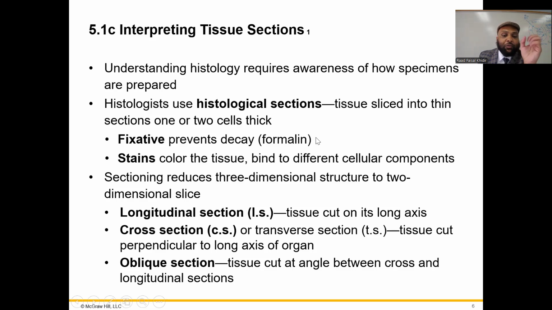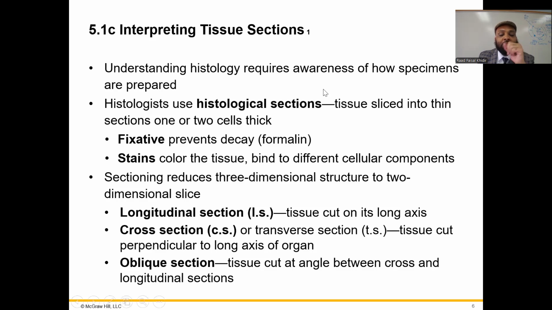So we fix with formalin and prevent the putrefaction of the histological sample. And there's staining, histological staining, and that colors the tissue and it binds to different cellular components, eliciting different tissue colors upon binding. The sectioning reduces the three-dimensional structure to two-dimensional slices.